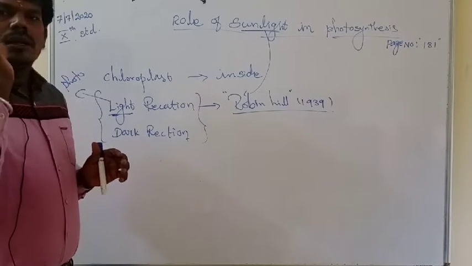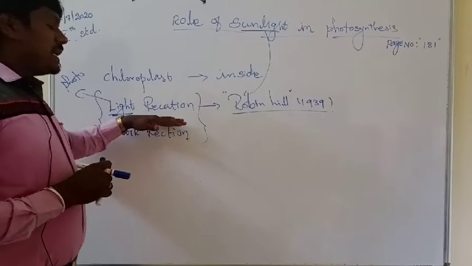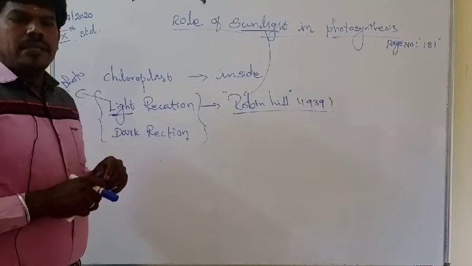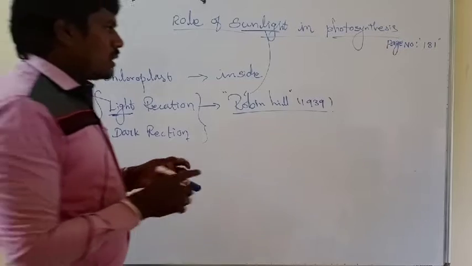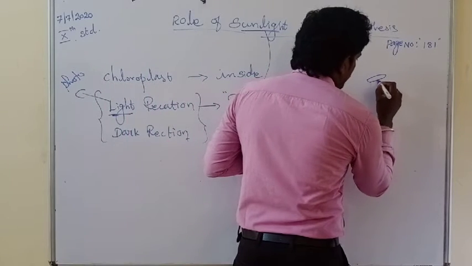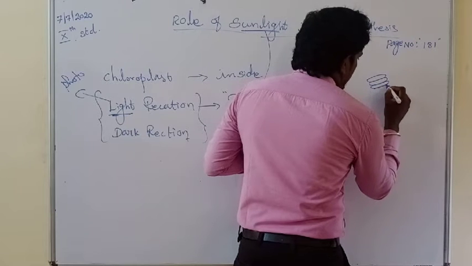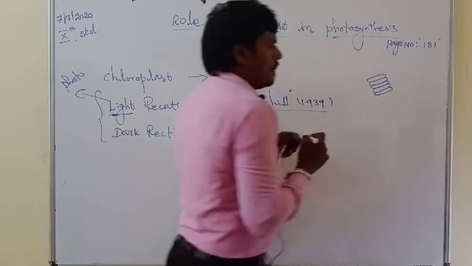If somebody asks which particular place in the chloroplast has the light energy, just answer: the thylakoid membrane. You know the thylakoids are not present individually; they are surrounded by a double membrane.